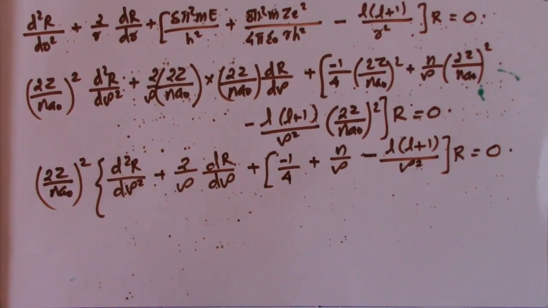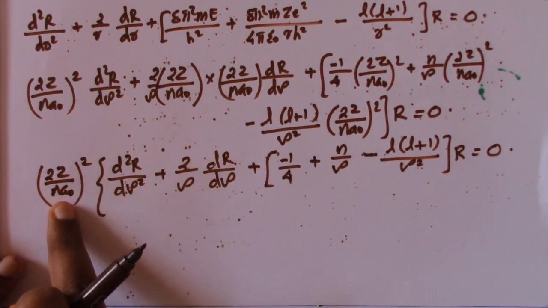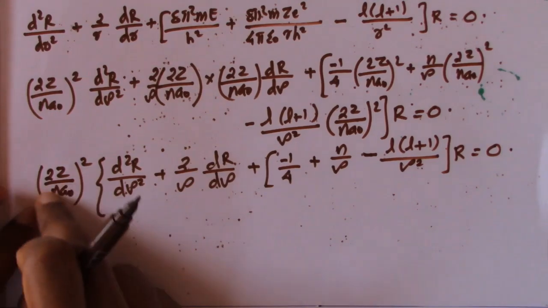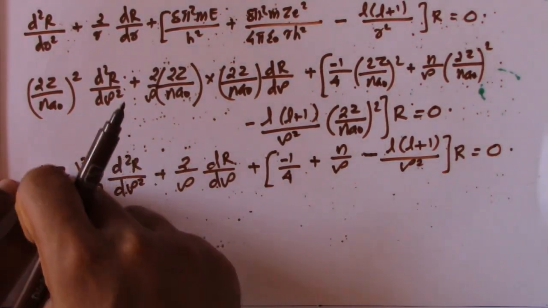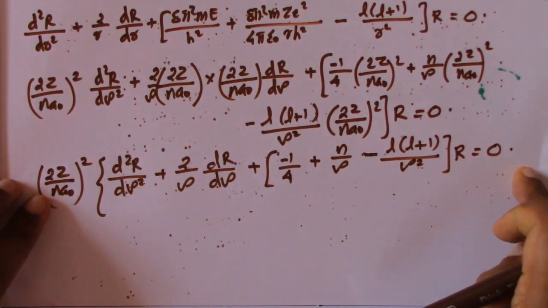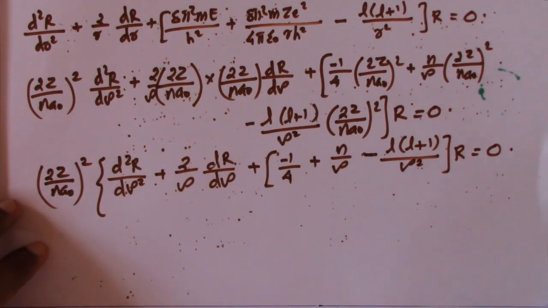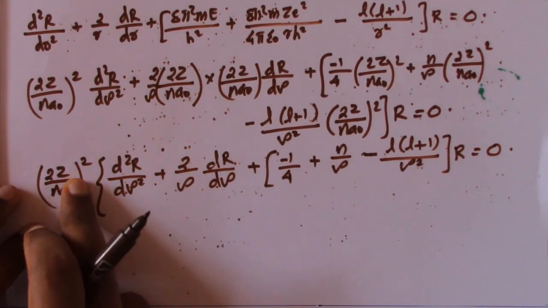So we can cross multiply this (na₀)² to here, and then (2Z)² to here, or we can just divide the whole equation, the left hand side and the right hand side, with (2Z/na₀)².